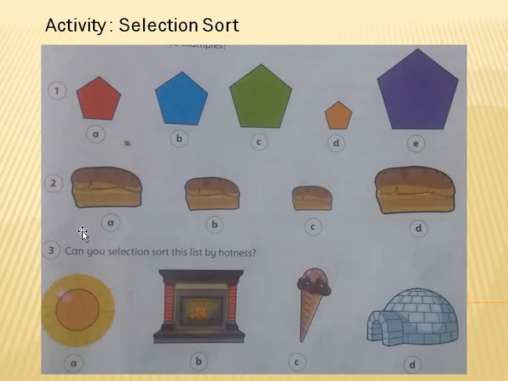An algorithm is a way to make things in order or in sequence. And selection sort is an algorithm in which we find the biggest item first, put it on top, and then the next biggest item, and then the next. So this is what we call selection sort.